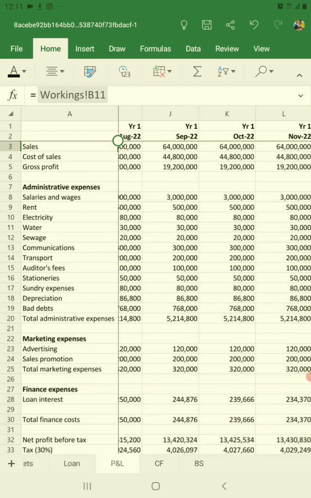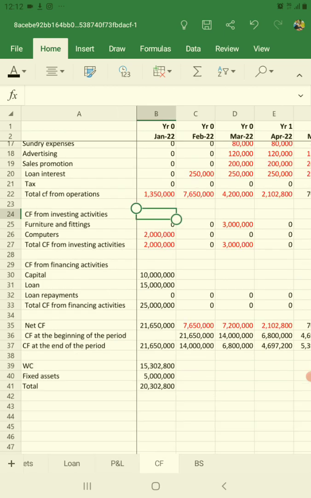So let us go to see our cash flow after incorporation of all this.